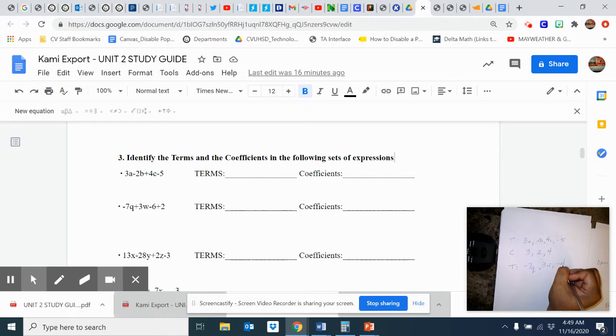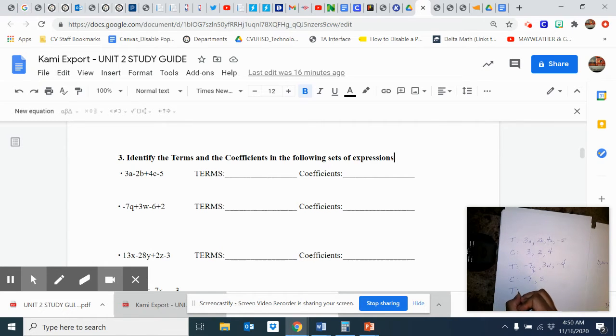Because you can combine like terms in that one. So that one would be negative 4. And the coefficients would be just negative 7 and 3.